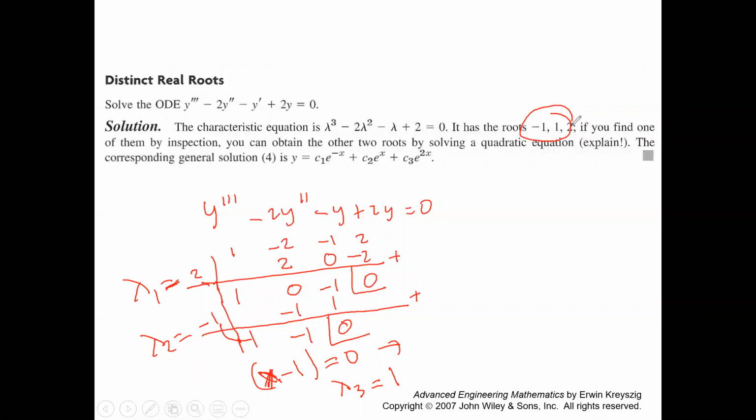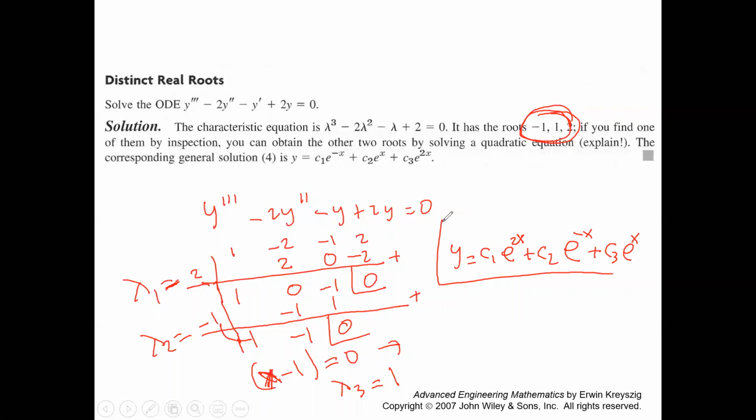They have different lambda 1, 2, and 3, so your solution is y equal to c1 e to the power of lambda 1, which is 2x, plus c2 e to the power of lambda 2 x, which is minus x, plus c3 e to the power of lambda 3 x, which is x.